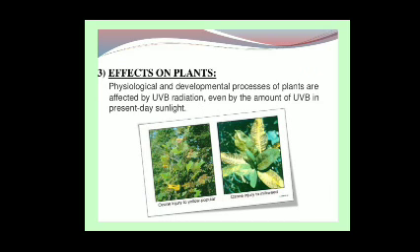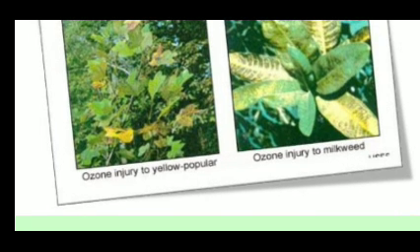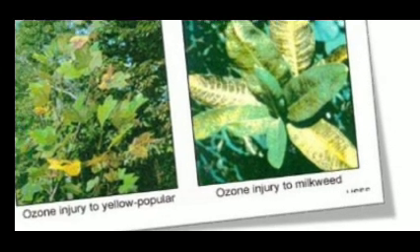The photosynthesis of plants decreases by the action of ultraviolet radiation, even by the amount of ultraviolet in present-day sunlight. See here, ozone injury to yellow poplar. The ozone injury to milkweed.